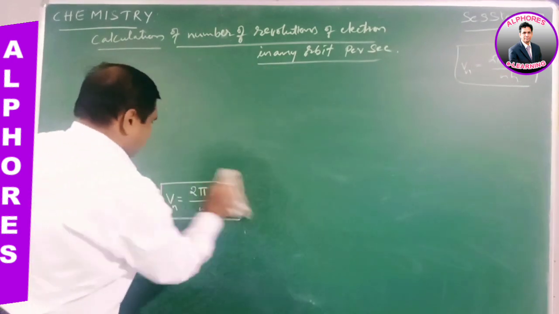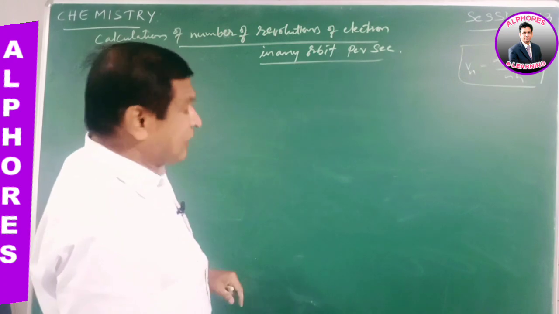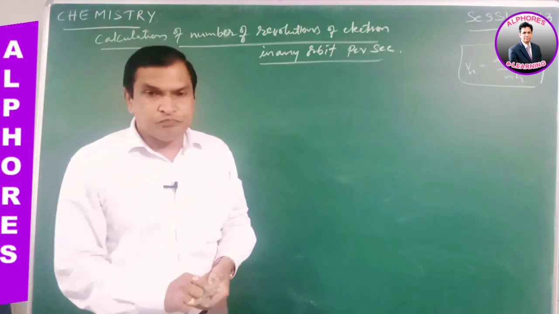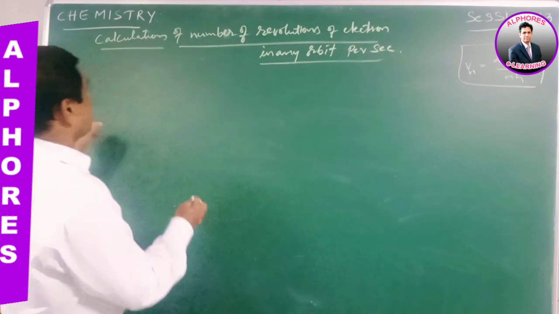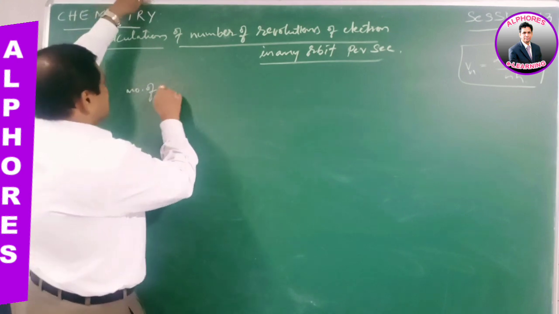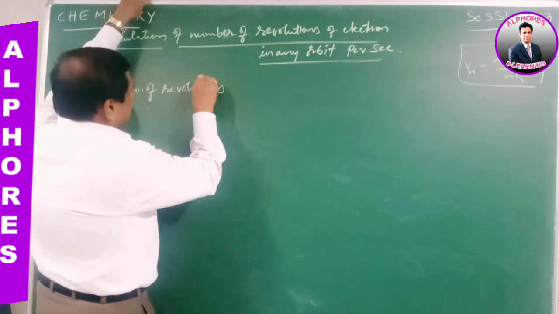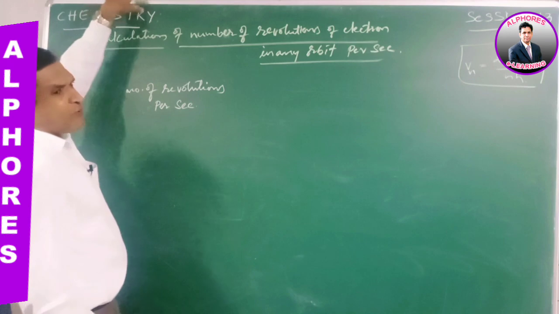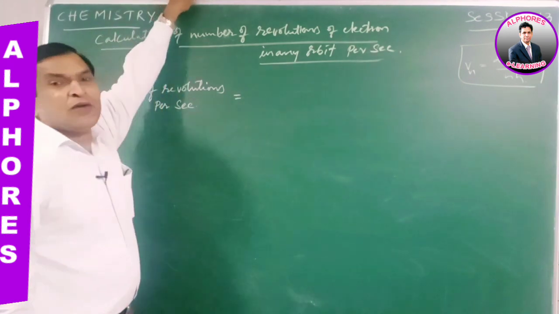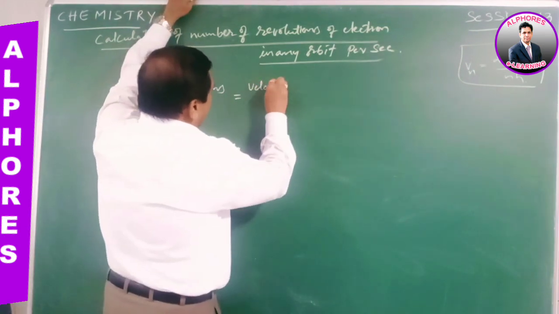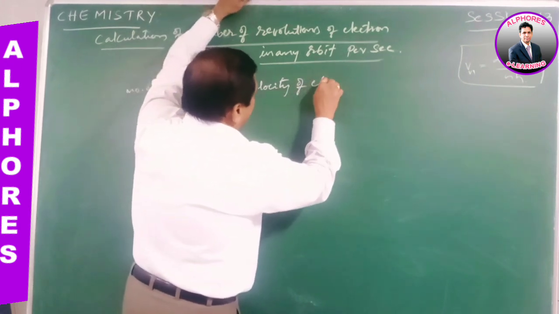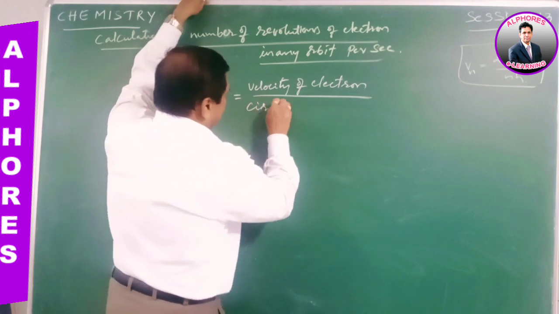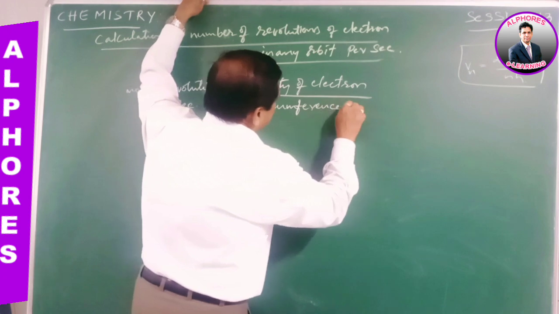Next, the calculation of the number of revolutions of electron in any orbit per second: the number of revolutions per second is equal to the velocity of the electron divided by the circumference of the orbit.